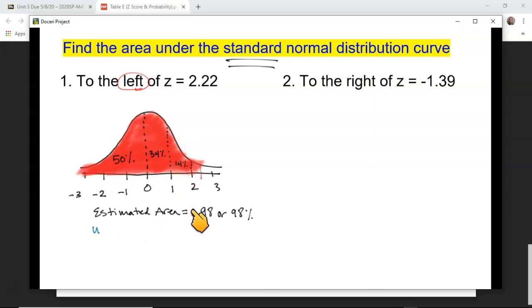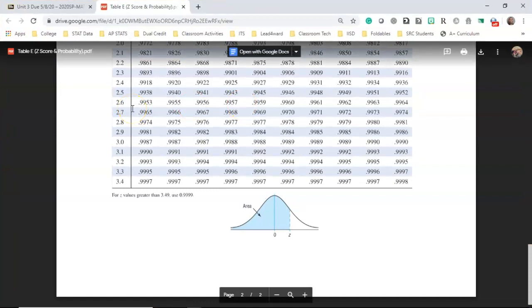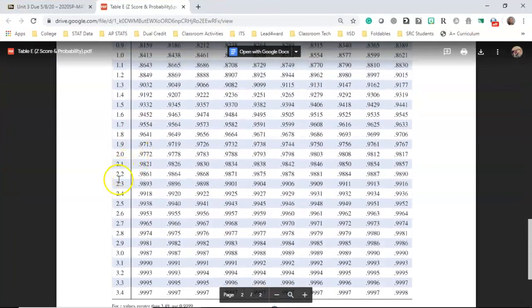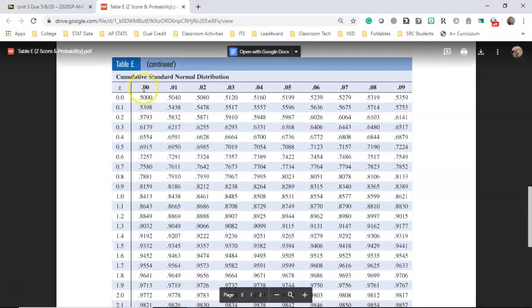I'm estimating the area to be 0.98, and all we need to do is locate this z-score on that table. So to do that, it's positive 2.22, so here's 2.2, and if I go up to the top, this would be 2.20, 2.21, 2.22.